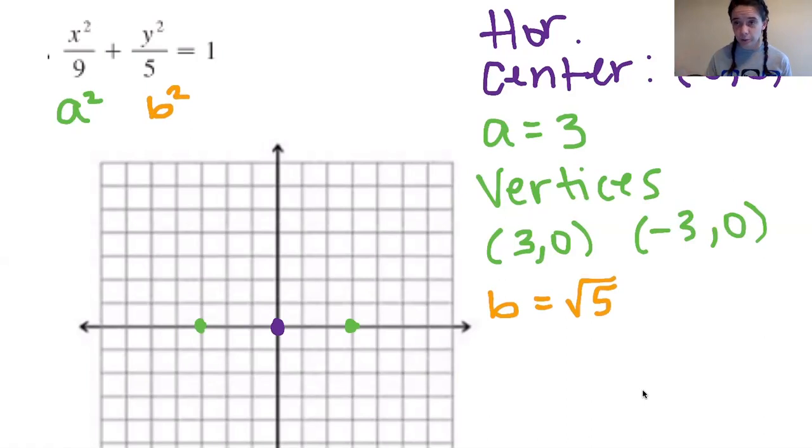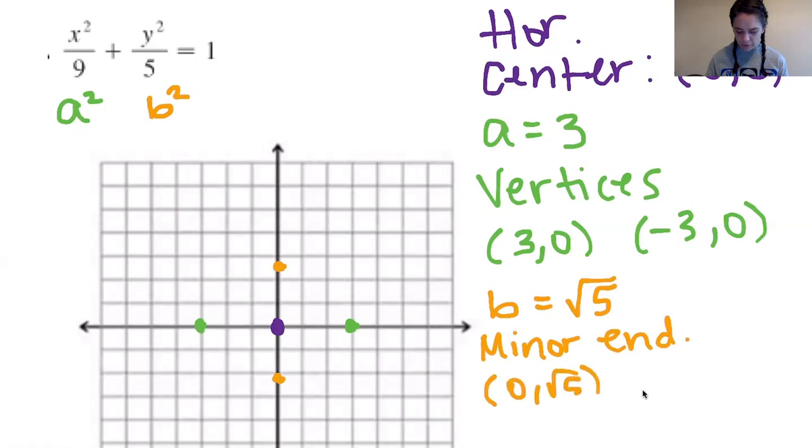It's just going to be a little bit bigger than 2. And down radical 5 for our two minor endpoints. So I'm going to have you label these minor endpoints: 0, radical 5 and 0, negative radical 5.